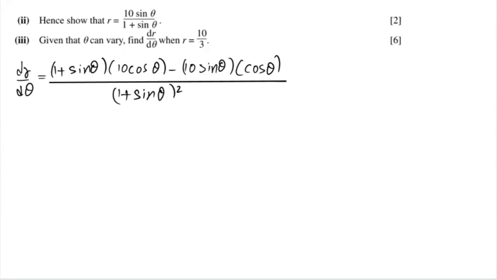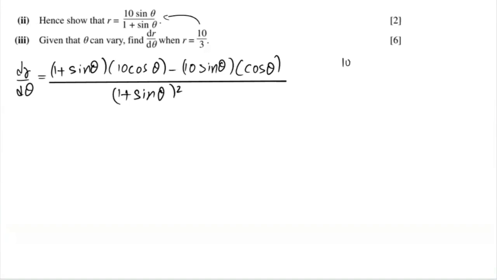Now, the problem here is that my derivative is in terms of theta, but I'm given an r value. So now we need to find the theta value when r is 10 divided by 3. For this, I again use the same result. So let's do it over here.